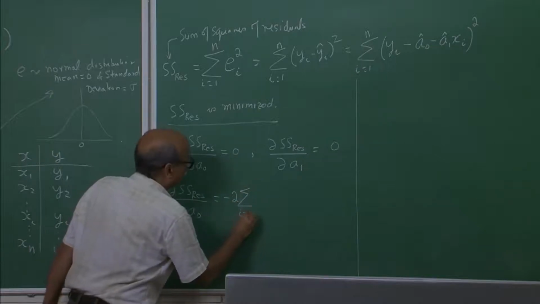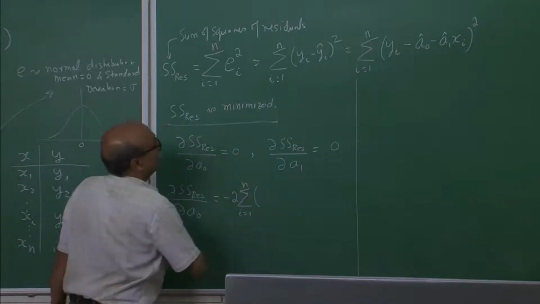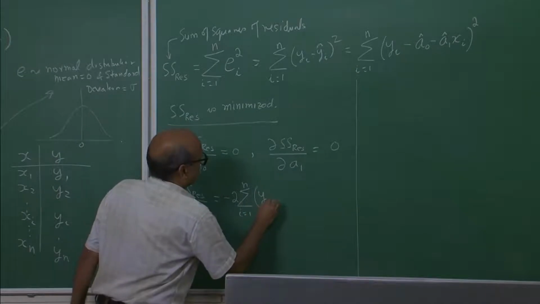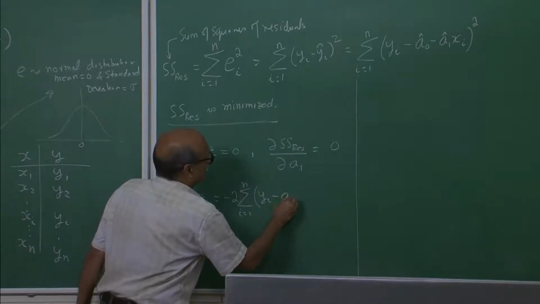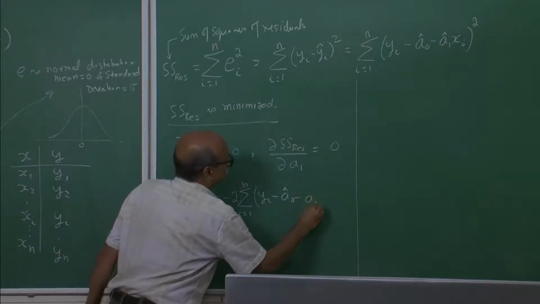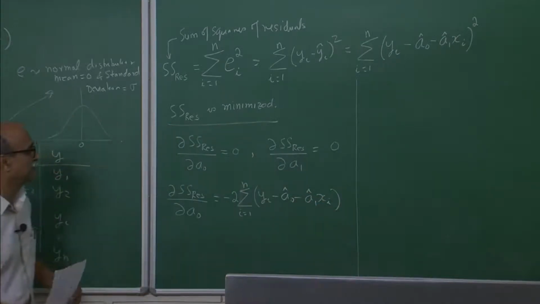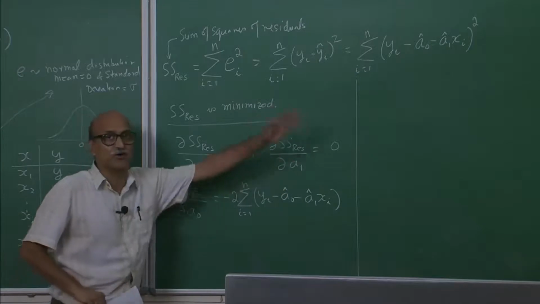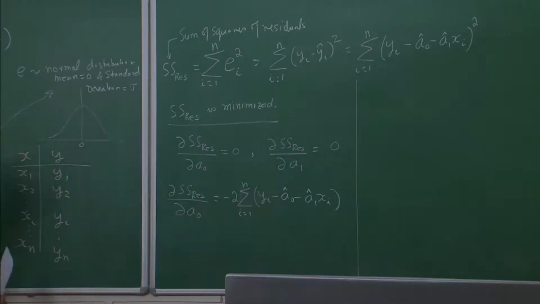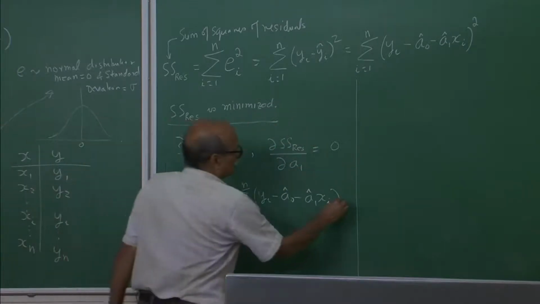summation, and the stuff inside. Remember, we are taking the derivative with respect to a0 and a1 and not with respect to x. This should be set to 0.